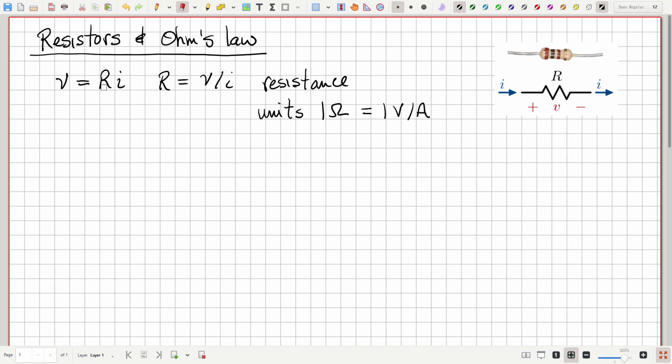Now we can turn Ohm's law around and solve for the current in terms of the voltage. I is equal to 1 over R times V. And we're going to define G to be 1 over R. And what is 1 over R? It's I over V. It's the inverse of the resistance. This is called a conductance.